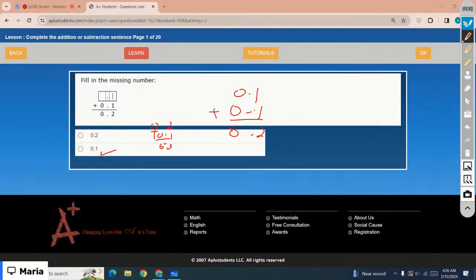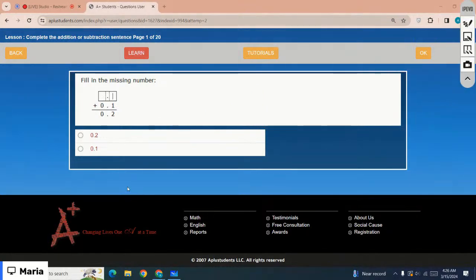So the missing number is 0.1, right? Got it?